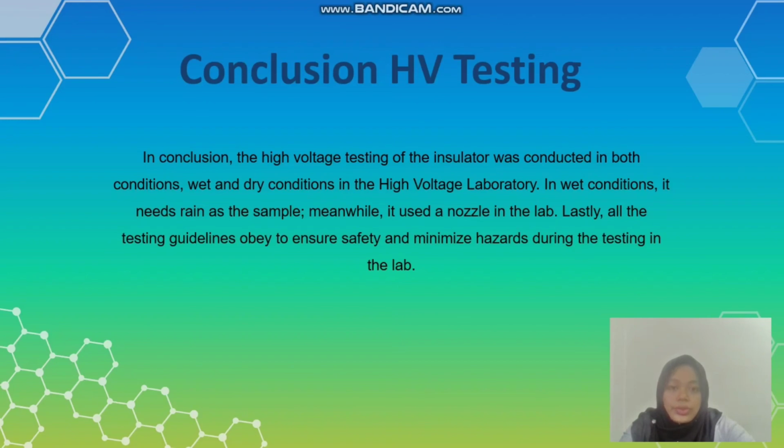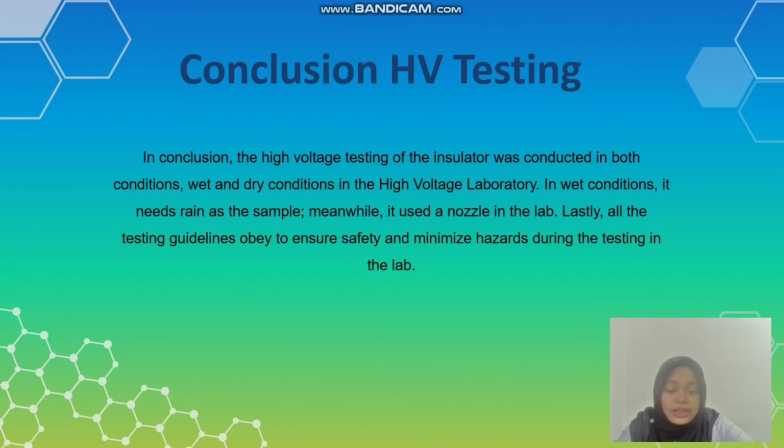For the conclusion of HV testing, the high voltage testing of the insulator was conducted in both conditions: first wet and second dry condition in the high voltage laboratory. As for the wet condition, it needs a rinse as the sample.